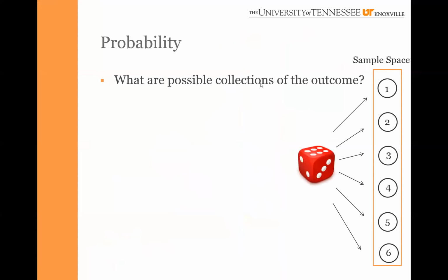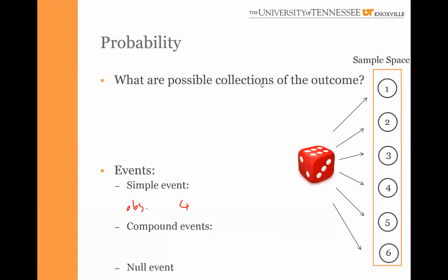Okay, so you can have a lot of different collections of outcomes. For instance, any number greater than 4, odd numbers, even numbers, right? We refer to these as events. You can have a simple event, a compound event, or a null event, right? Can you give me a simple event? You roll a die. What's a simple event? Lands on a 4, right?